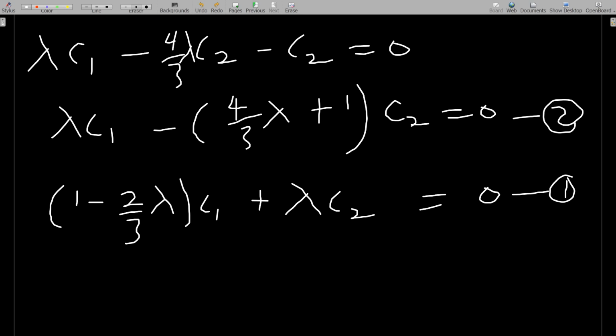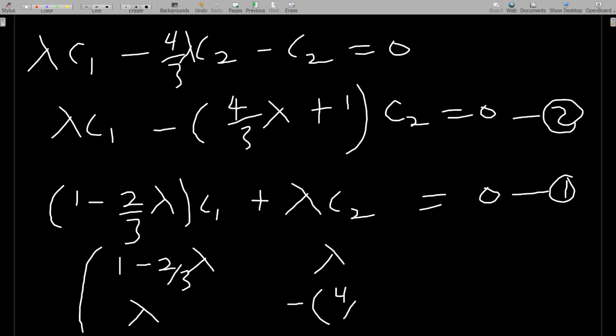But personally, this is what I would do. I would put this whole thing in a matrix form. For the first equation, I have 1 minus 2 over 3 lambda, then lambda for c2. With the second equation, I have lambda, then negative 4 over 3 lambda plus 1, acting on c1, c2.